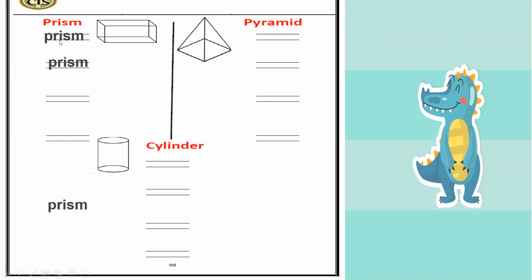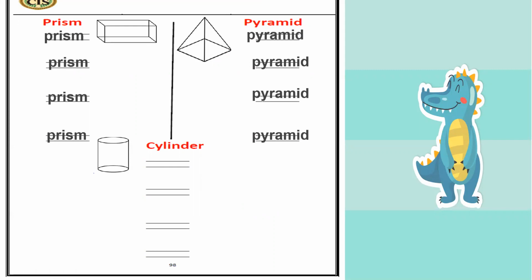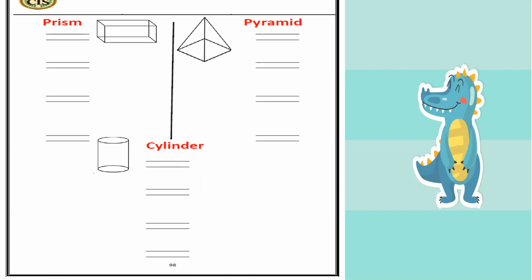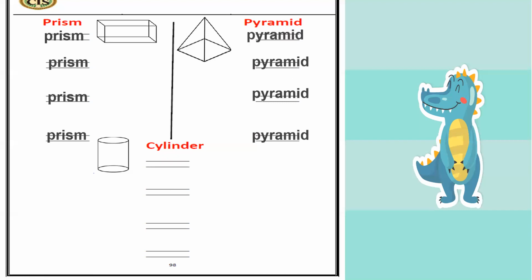Okay, and then how can we write prism? P-R-I-S-M. Then pyramid, P-Y-R-A-M-I-D. And then cylinder, C-Y-L-I-N-D-E-R.